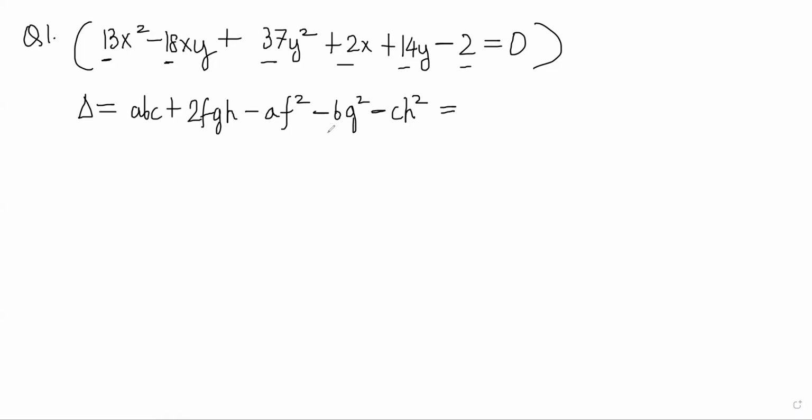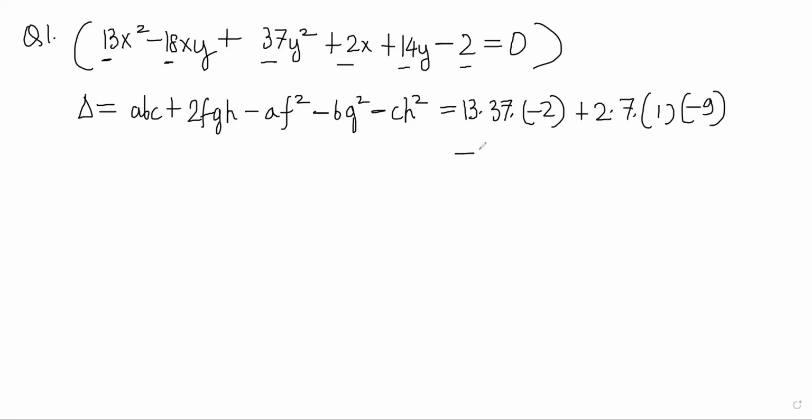So if you calculate the value here, A is 13, B is 37, C is minus 2. Then you have plus 2FGH. So plus 2 times F is 7, G is 1, H is minus 9.